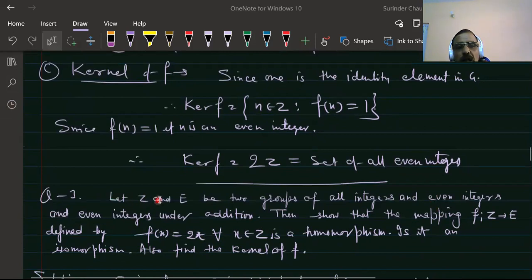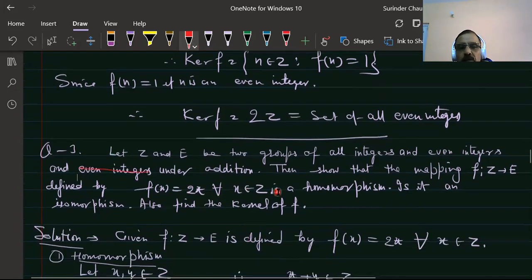The question is: let Z and E be the groups of all integers and even integers under addition. Show that the mapping f from Z to E defined by f of x equal to 2x for all x belonging to Z is a homomorphism.